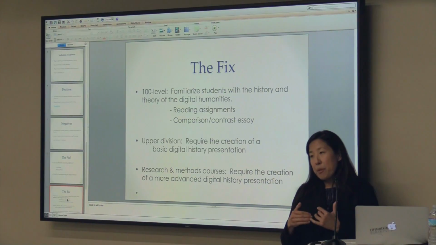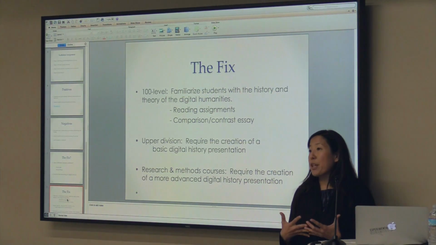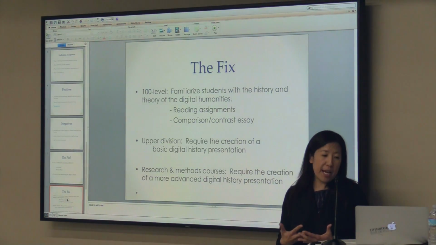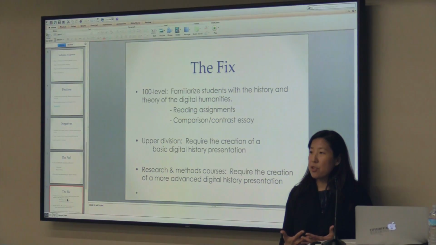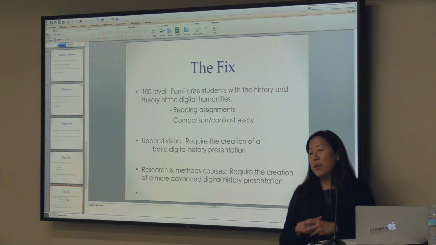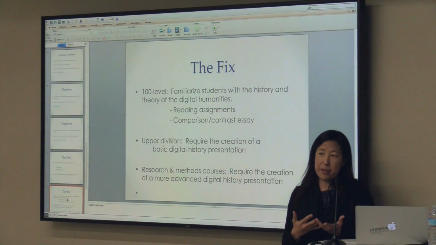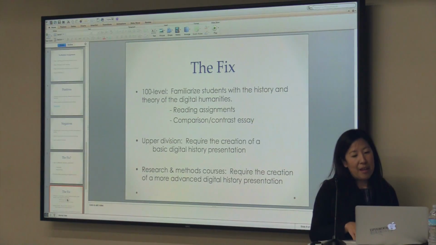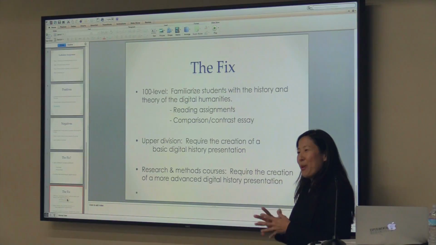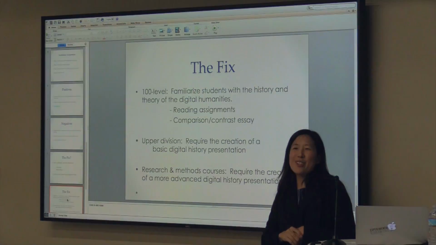And then at the upper division level, at our 300 and 400 level, where I have more flexibility with respect to content, I would require my students to create a digital history presentation. And the difficulty level would increase by the time you got to our 400 level, where we're teaching our research and methods classes. Okay. So again, if you have any thoughts on this proposal, I'd very much like to hear them. And thank you very much.